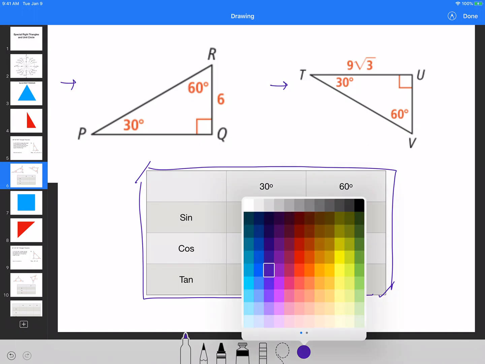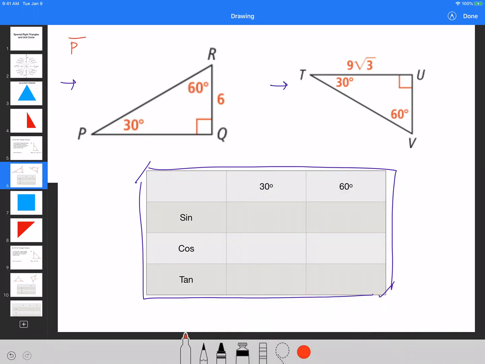Let's say I'm asked to solve for what's PR and what's PQ, because those are the missing lengths here and here. Well, the only side given to me is opposite from 30, which is a 6. What we also know is that this side, PR, is your longest side because that's opposite from 90.